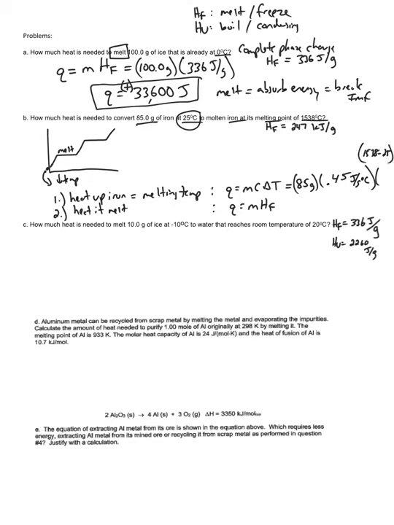That gives a change in temperature of 1,513, times 0.45 times 85. I'm going to call this one Q1. Q1 has an energy value of 55,600 joules. That's how much energy it takes just to heat the iron to its melting point before we see the first signs of melting.